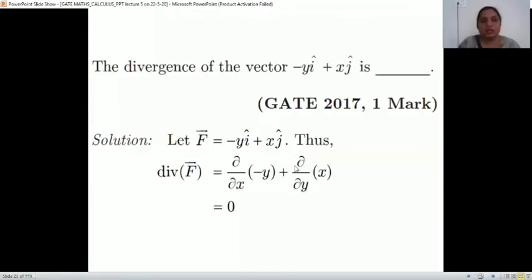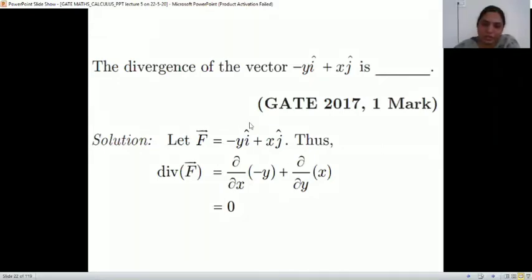Next question. The divergence of the vector. A vector is given to you, that is minus y i bar plus x j bar. So what is the divergence? Divergence is nothing but del dot f bar. If we call this vector as f bar, then del dot f bar is defined as dou by dou x of the vector component along i bar, that is minus y, plus dou by dou y of the vector component along j bar, that is x, plus dou by dou z of the vector component along k bar, but k bar is not there, so the vector component is 0.